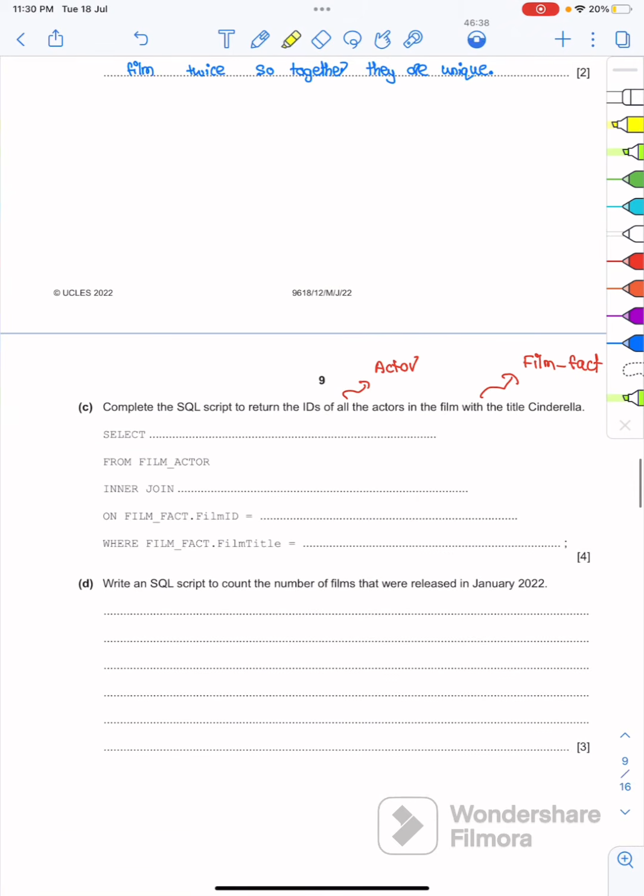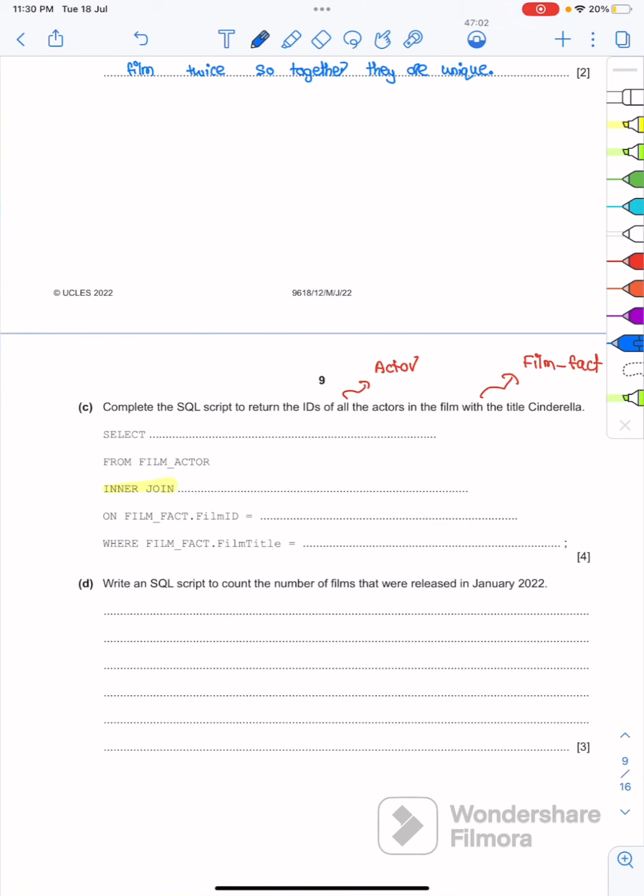Since they've already used inner join, I prefer the other method, which is using dots. But since they've given us inner join, that's what we're going to go with. You must be familiar with both methods. The method I prefer is to constantly refer to it using field dot table name, and that is acceptable as well.